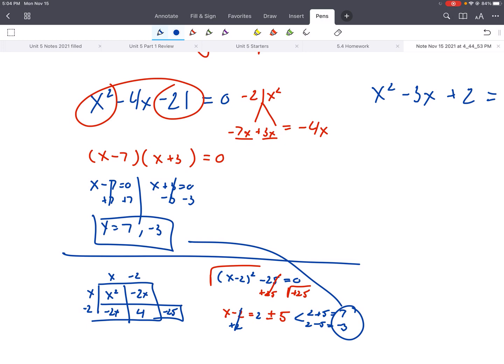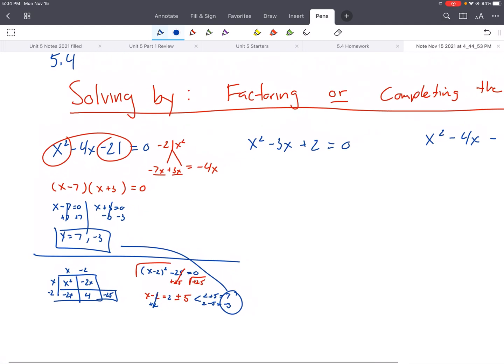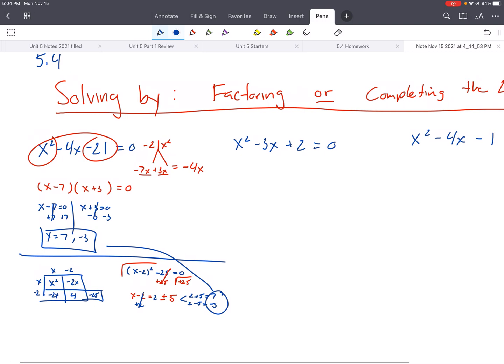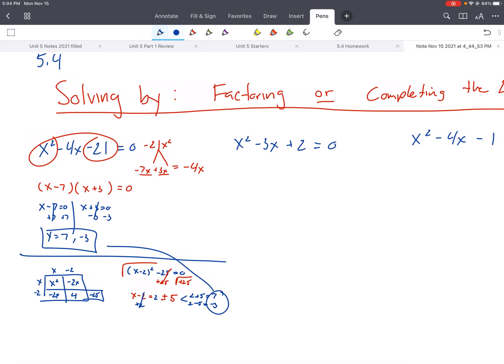I think maybe factoring might be a little quicker if you can come up with the two things. But again, we can come up with the answer either way. So I would say factoring is good if you can find the two things. Okay? If you prefer to complete the square for everything, that's possible.